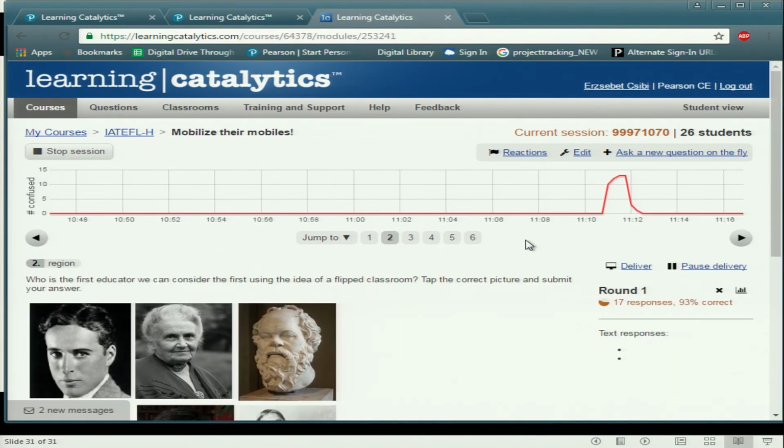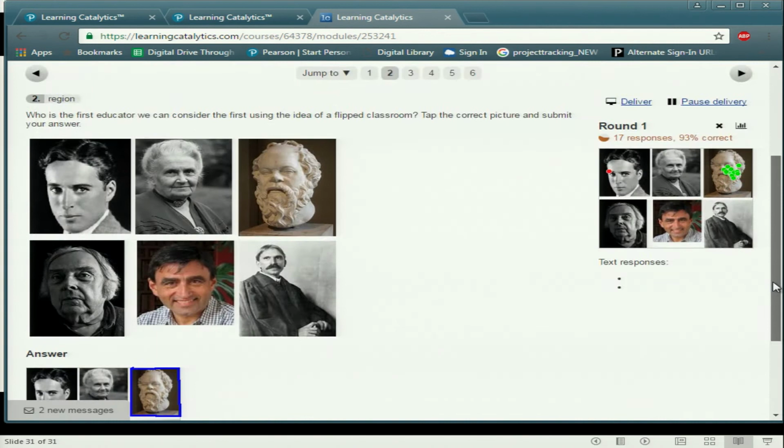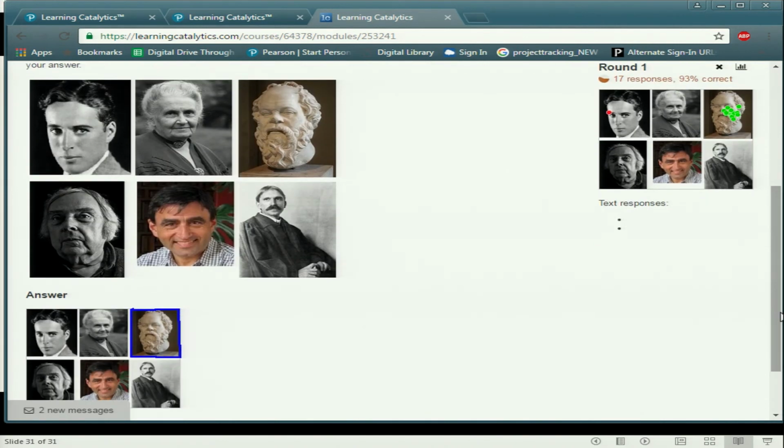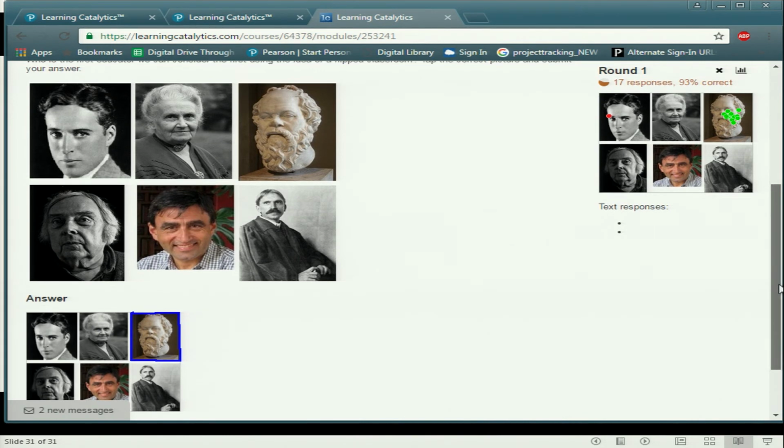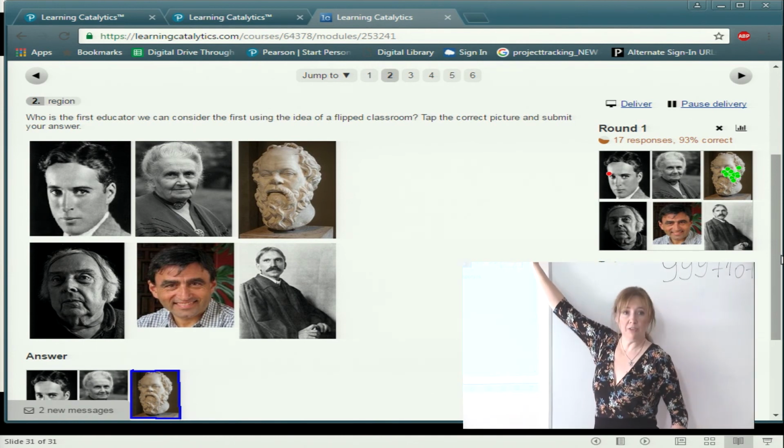The second one was the pictures, and as you can see, as a teacher I can designate the area with the blue line where the right answer is, and when you click on the pictures, it will show me with green dots.